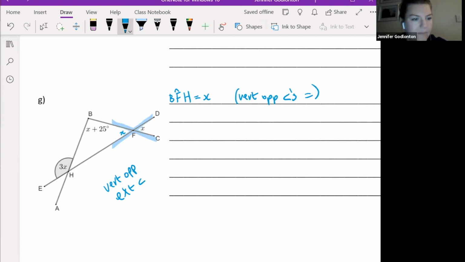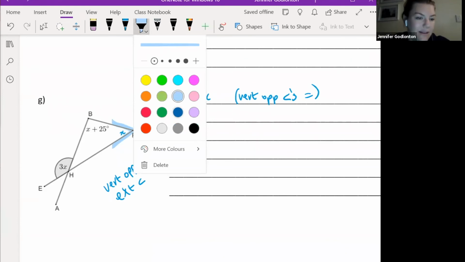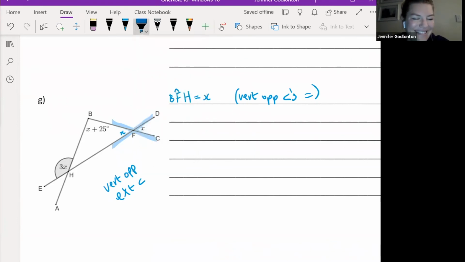Let me know if you're not happy with that step. Okay, cool. So that was the first one. Now we want to look at our second hint, which is exterior angles of a triangle.